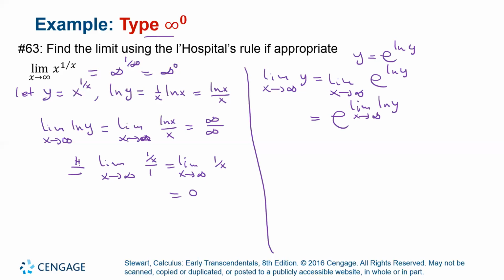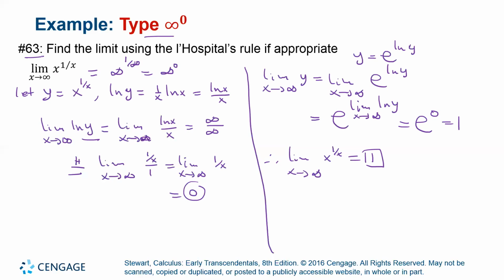And we find that here, that is equal to 0. So this is equal to e, where the whole of the top there is 0. Therefore, the limit of our original x raised to 1 over x as x goes to infinity is equal to e raised to 0, which is 1. We found that. Okay, so that's exercise number 63.